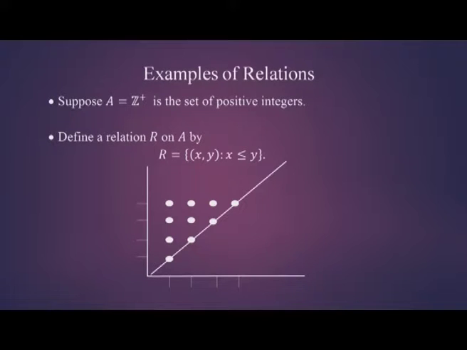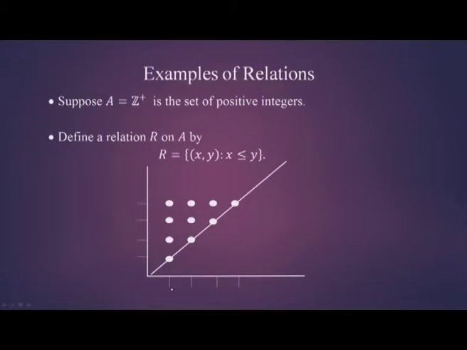Now, this means that given two elements in Z plus, I have to compare them. Suppose I have two elements x and y, I pick them up, and if x is less than or equal to y, I say x is related to y. I may write (x, y) belonging to R, or x is related to y, and if they are not related, then they are not related. They will not be related if x is greater than y.